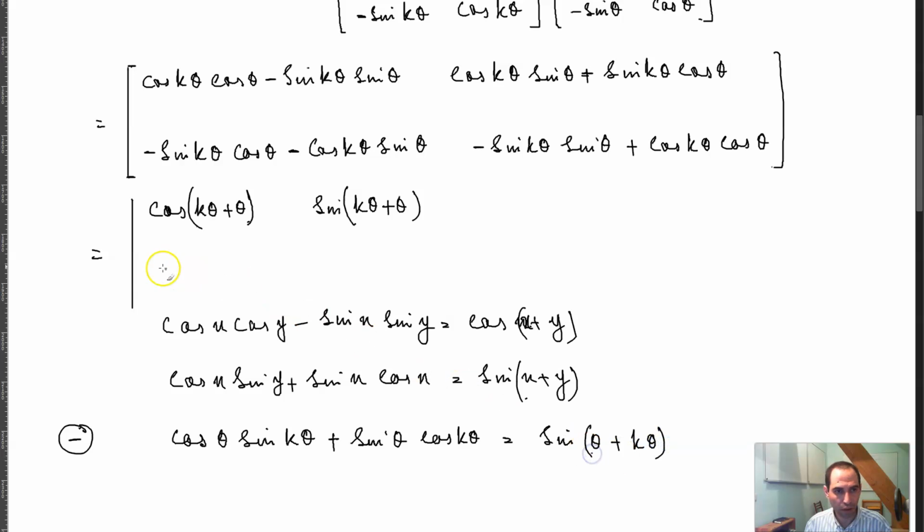And so that becomes negative sine of theta plus k theta.